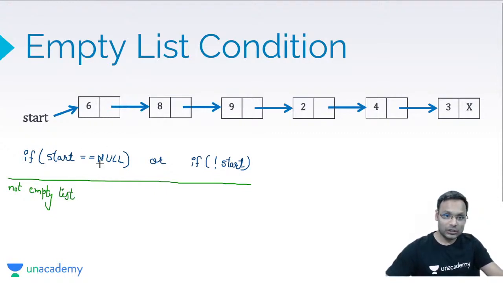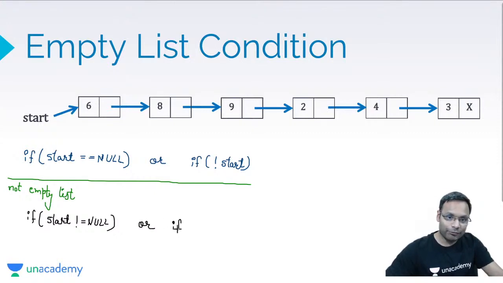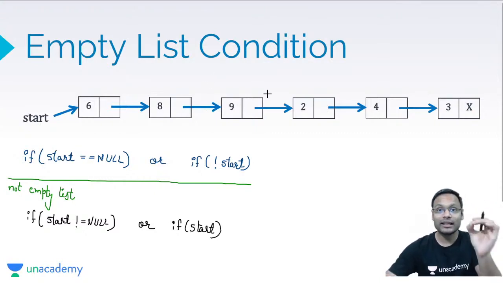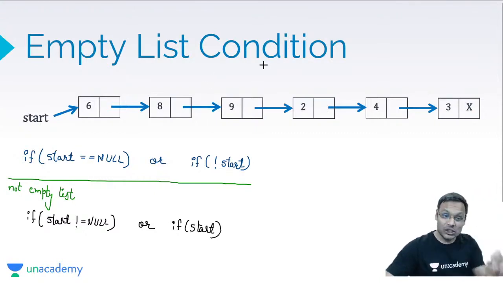The condition is just the opposite of this. If we have start which is not equal to null, or I should say if start is true. Start is true means start is pointing to some non-null value, means yes, we have at least a single node. That is why non-empty list.